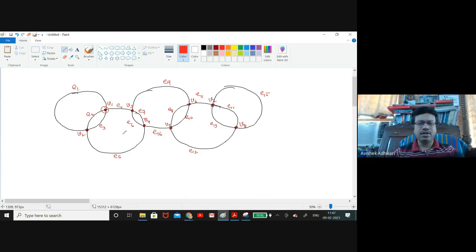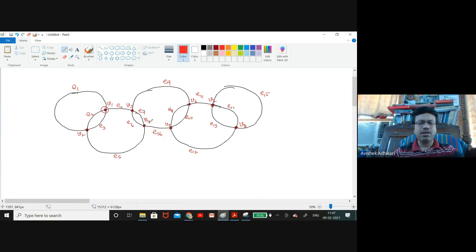So I want a walk, that means an alternating sequence of vertices and edges in which a vertex may repeat, but you cannot repeat the edges, and you have to go through all the edges exactly once. That means if you go through this, then that is exhausted, you cannot go back like this.